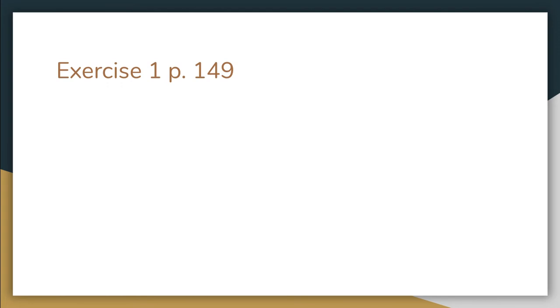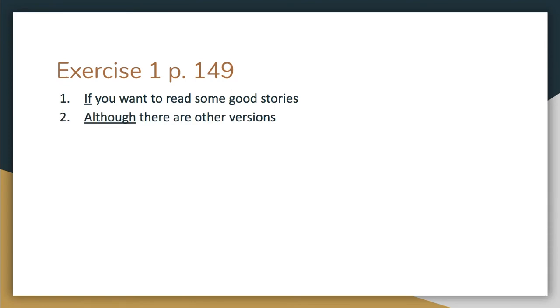So number 1, if you want to read some good stories, read the tales about King Arthur and the Knights of the Round Table. The adverb clause is the whole first bit before the comma. If you want to read some good stories, and if is a subordinate conjunction. Number 2, here is one version of the ending, although there are other versions. Although there are other versions, and although is the subordinate conjunction.